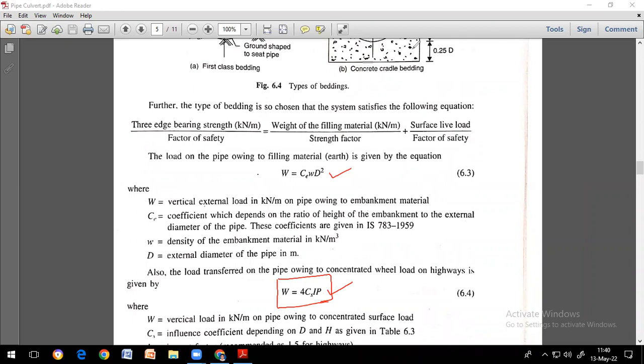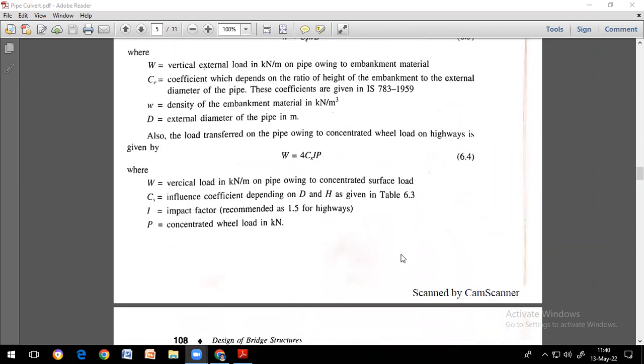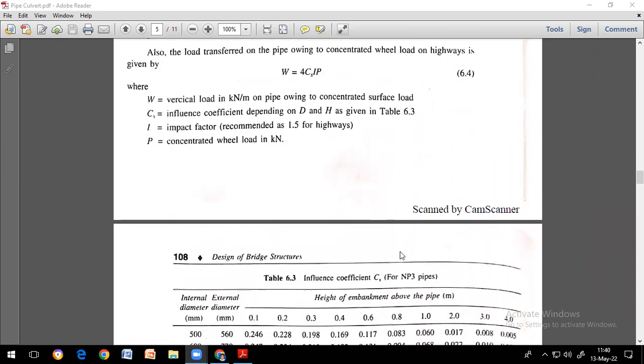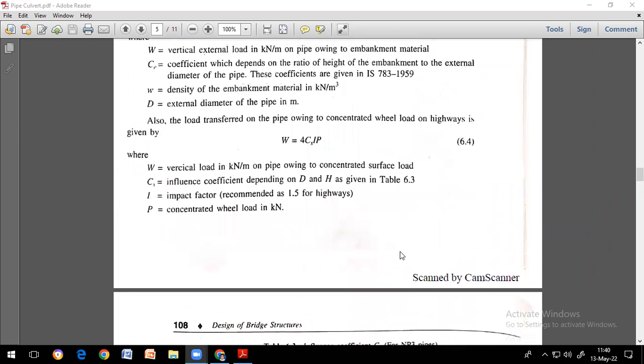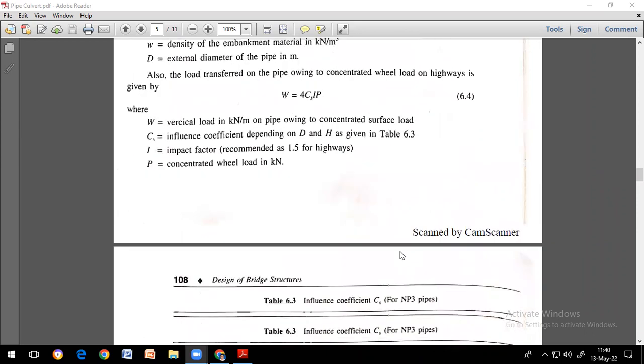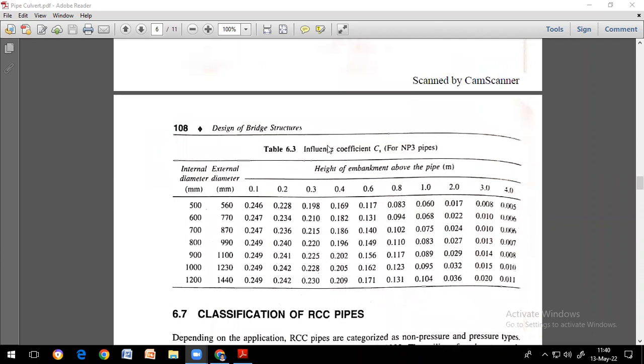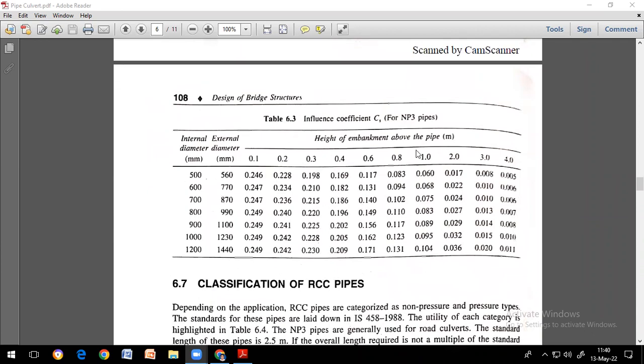Clear? Right. So now let's see how the C S value is going to be considered. You get the C S value from the influence coefficient table. Here the internal diameter is given, from 500 mm to 1.2 meter dia pipes, it was clearly given.